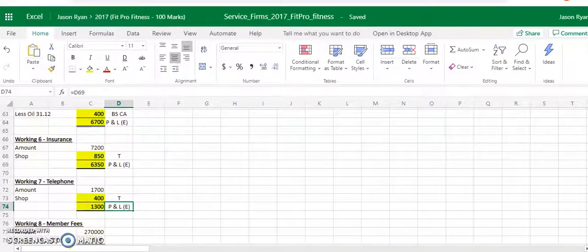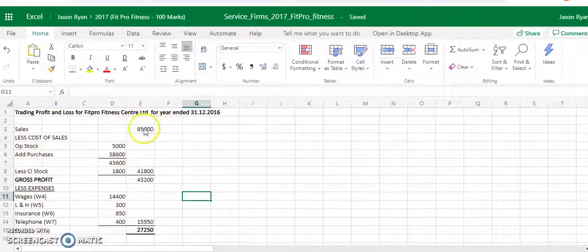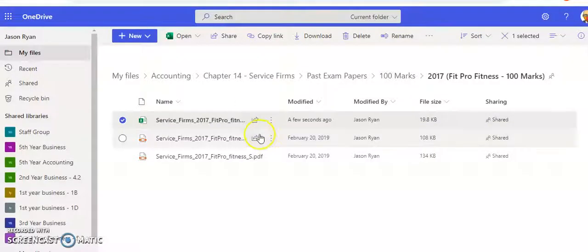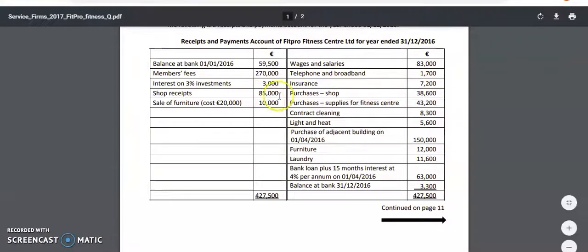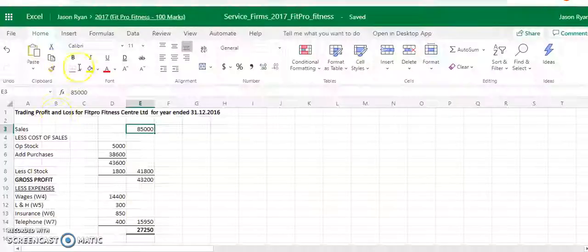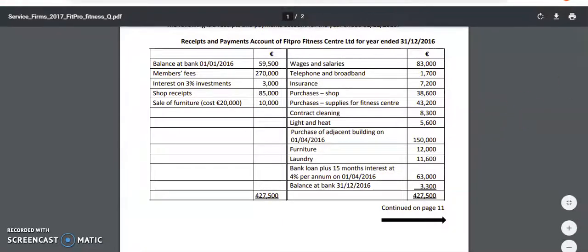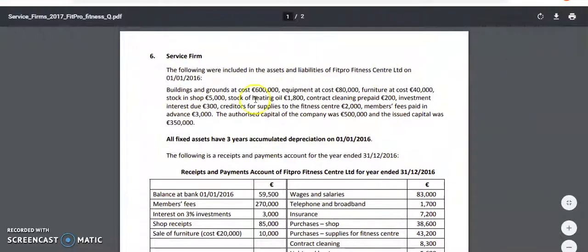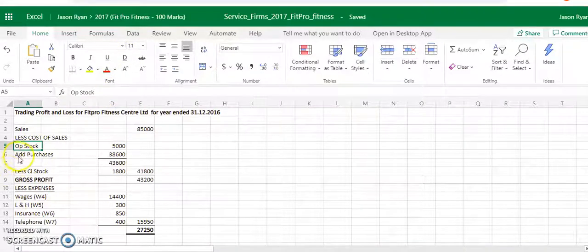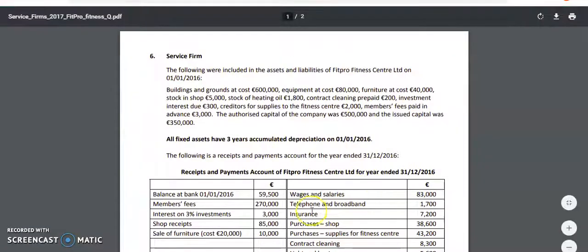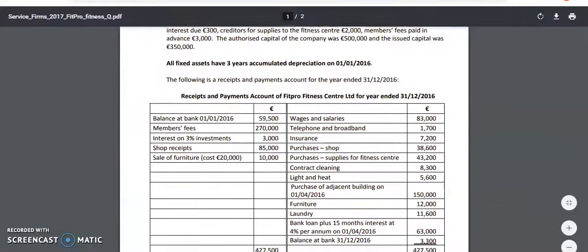So your shop profit and loss is going to look like this: 85,000. That's going to be taken straight from the question. So 85,000, less your cost of sales. Your opening stock then is taken from the start. So we're just looking for items that have shop on them. So the shop is going to be 5,000. Add your purchases then, which is going to be on your payment side.